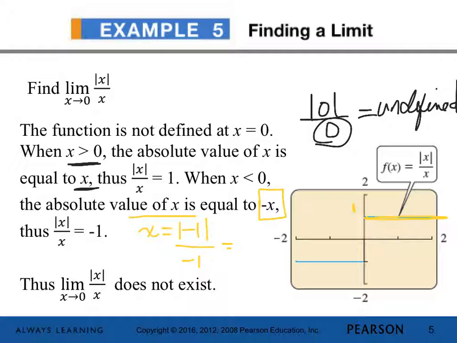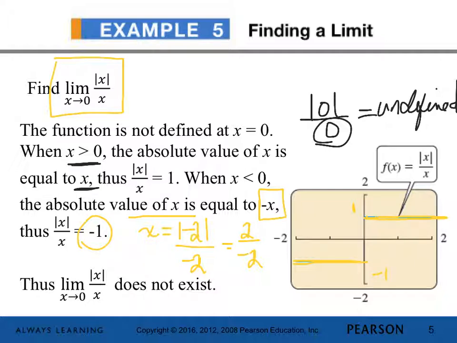The absolute value of negative 1 is positive 1, but you're still dividing by the negative 1. Or if it were negative 2, the absolute value would be positive 2, but you're still going to divide by negative 2. And in every case, that's going to be equal to negative 1. And that's what's being shown on this side of the graph, is that for everything that's negative, the absolute value of x over x is going to be negative 1.